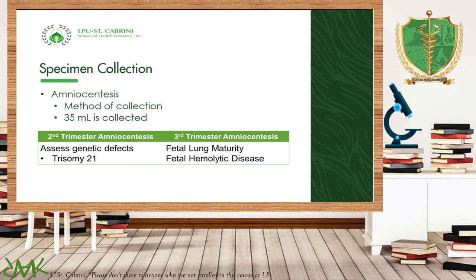Amniocentesis may be aspirated in between the second and third trimesters of pregnancy. Usually, the first trimester has no real purpose, since the majority came from the maternal circulation.